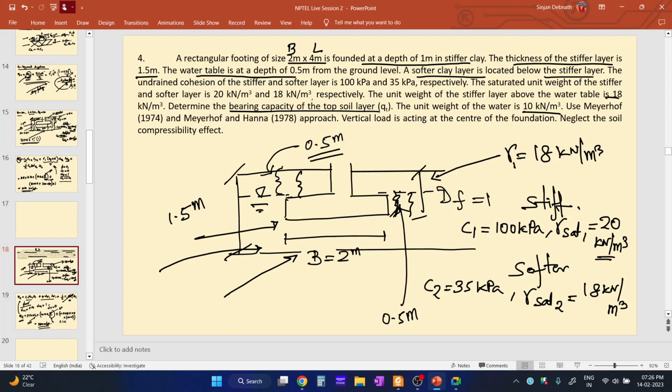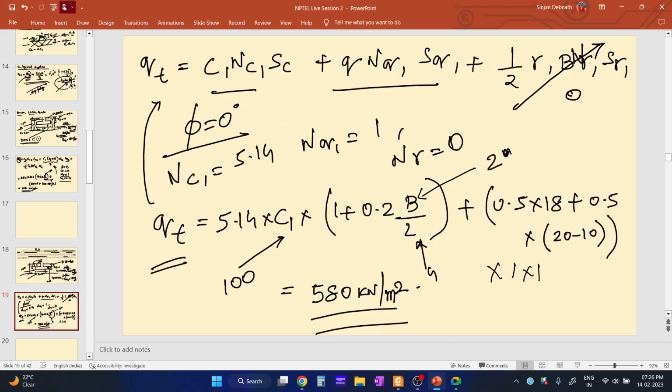Let me see in this diagram. H is the thickness of this part from the base of the footing to the top of the second layer. So the df is 1, the depth of the foundation is 1 meter, and the thickness of the top layer is 1.5 meters. So this thickness will be 1.5 minus 1, that is 0.5 meter.